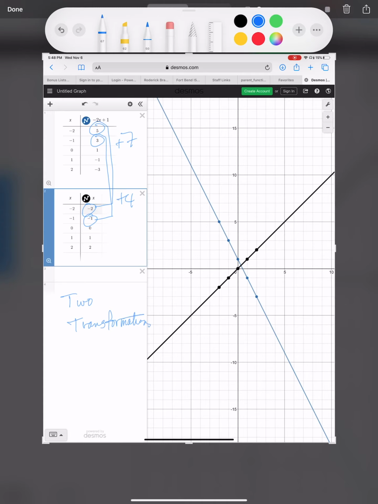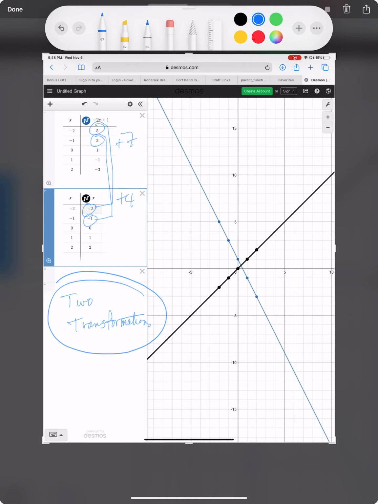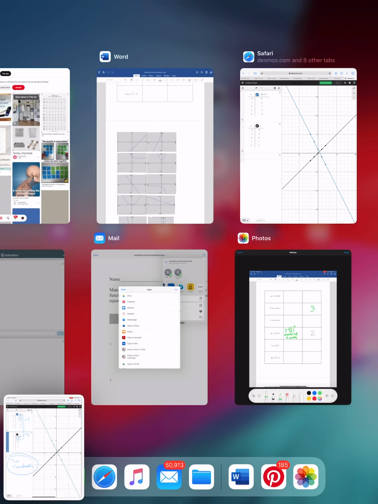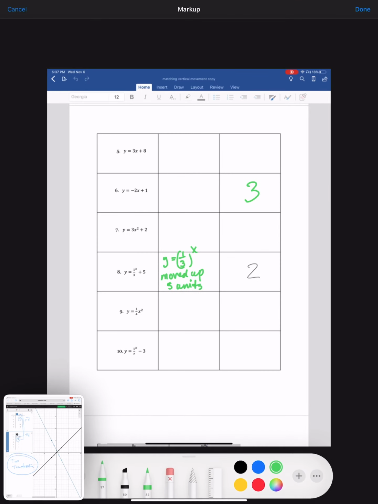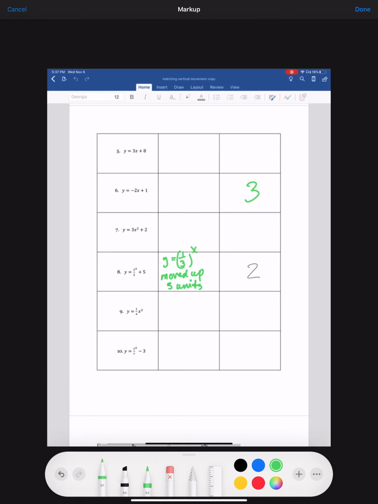And we're going to talk more about multiple transformations. So for right now, what Mr. B wants you to do for the ones that have multiple transformations, he wants you to just identify the graph and identify the parent function.